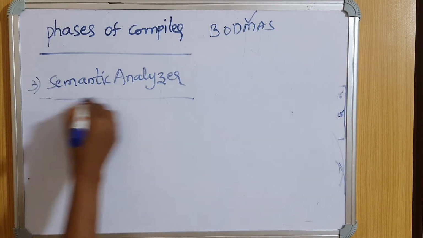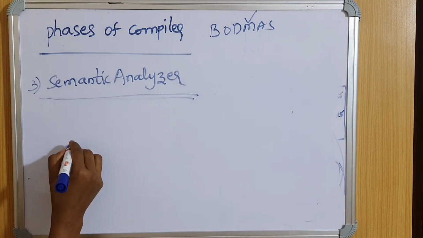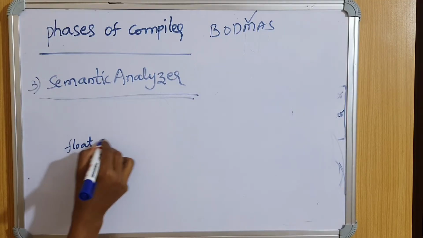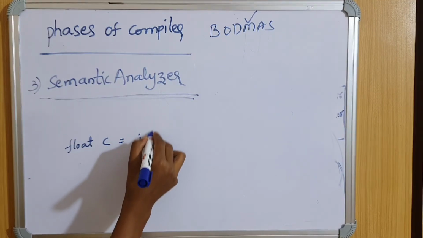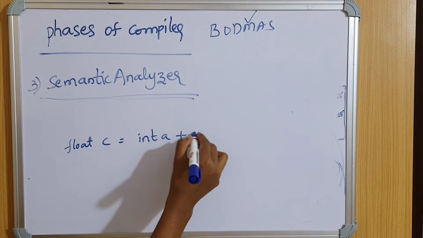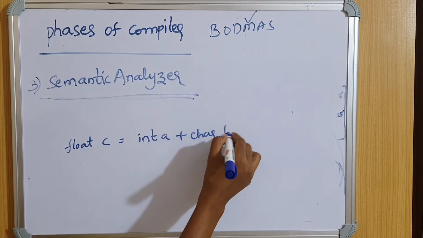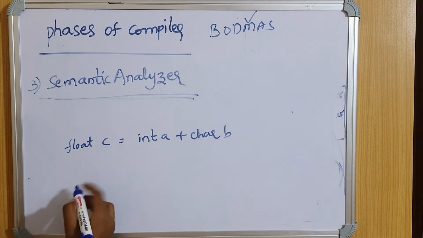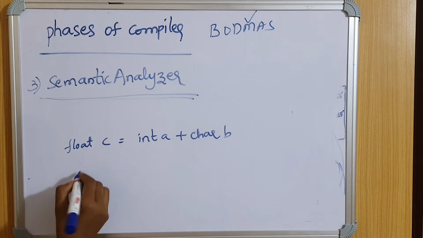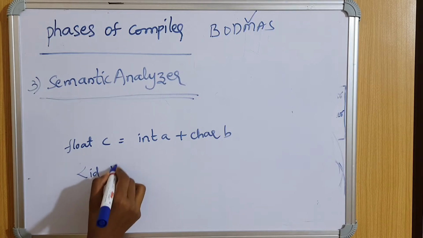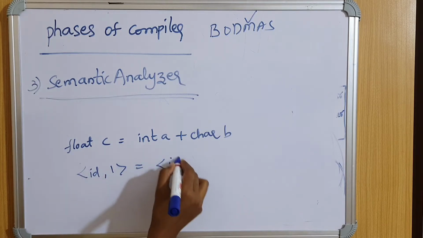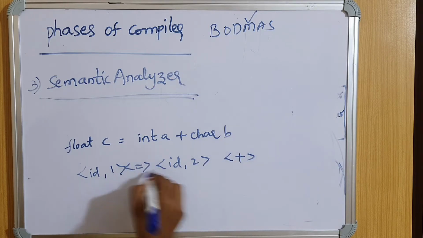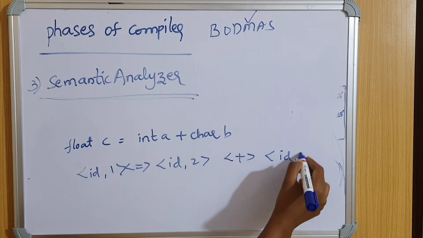For example, I am writing float c equals int a plus char b. If it moves to the lexical phase, the output is equal to, id 2, addition operator, id 3.